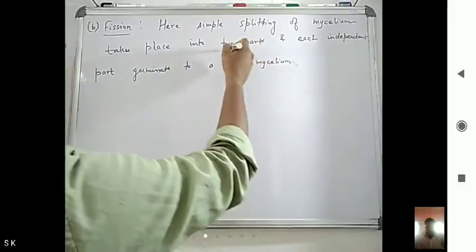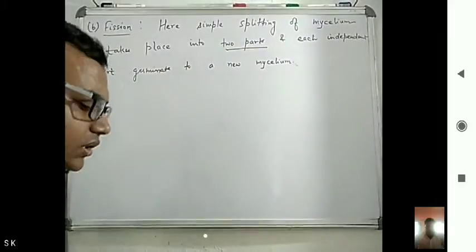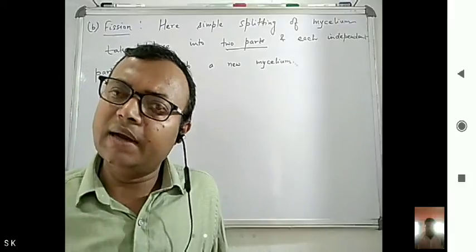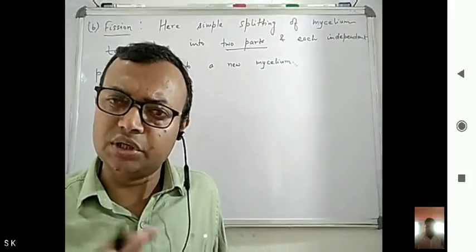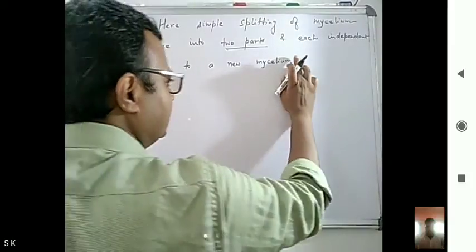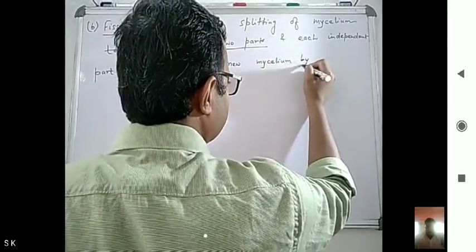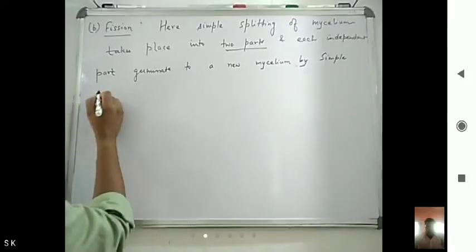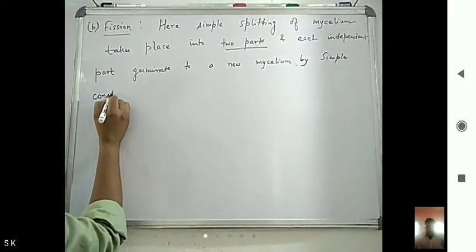Since it splits into two parts, it is known as fission. It happens by simple constriction, and a new mycelium forms.